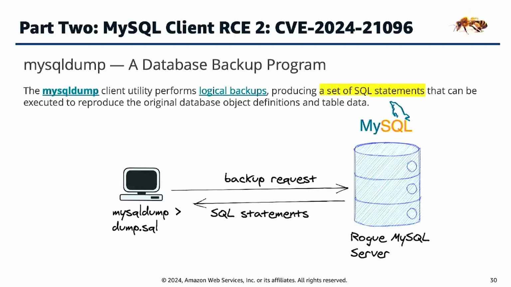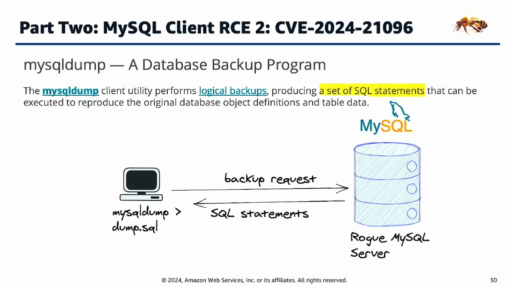This CVE is in the mysqldump program. That's a backup program. What mysqldump does is connect to your server and generate a set of SQL statements. It will produce a text file. Do you think that text file can contain an exploit?